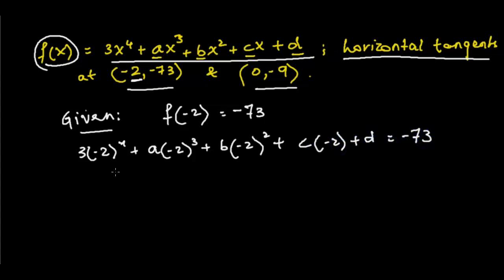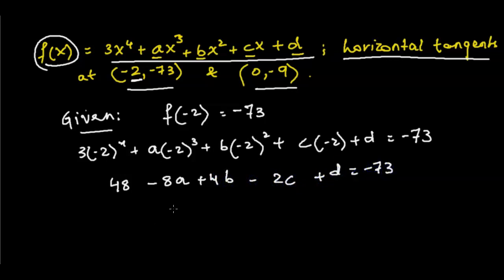We can simplify all this. So this would give us 16 times 3, 48. This would give us -8a. This would give us plus 4b, -2c plus d is -73.